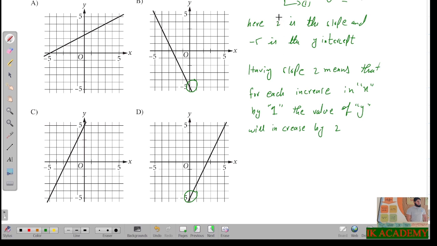But because we have positive slope, we will consider the equation D, because in option B we have negative slope and here we have positive slope. And also with positive slope, if we increase 1 unit in x, we will get an increase of 2 units in y. So D will be the correct option.